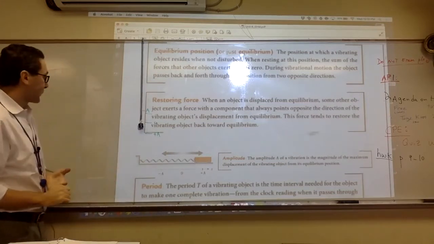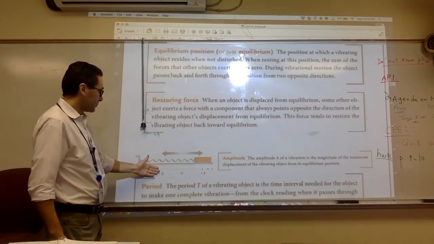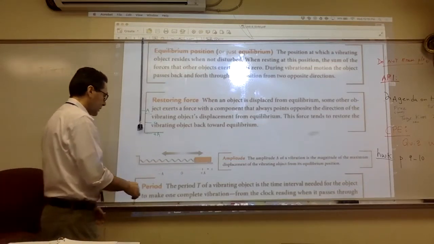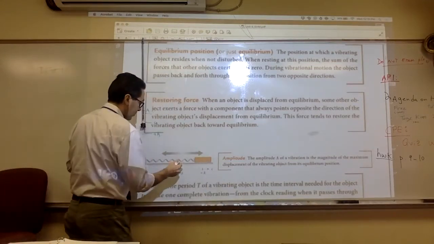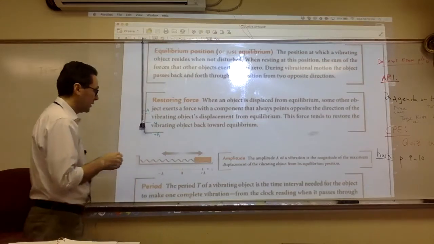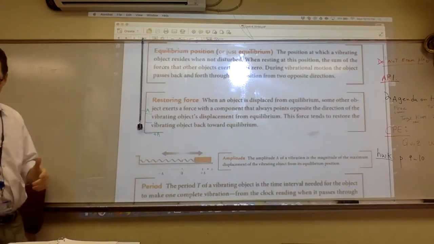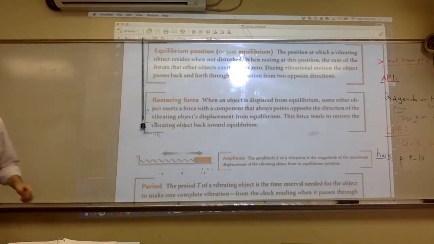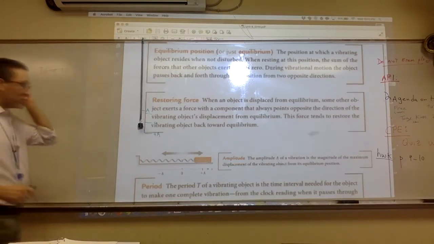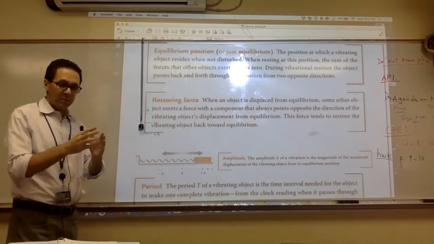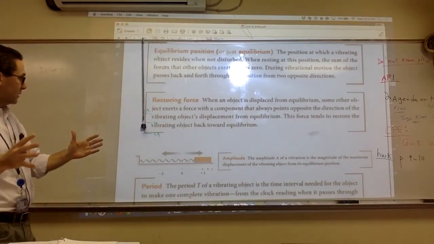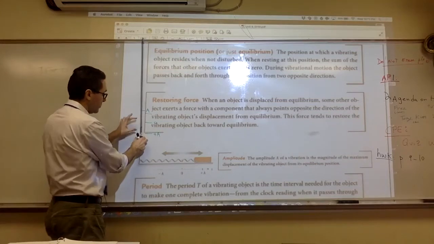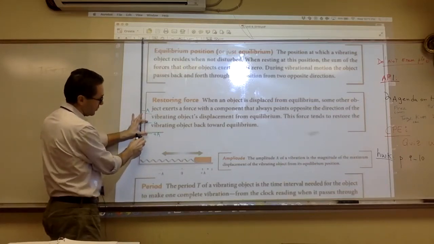Now this is a spring on a flat surface, so that can oscillate around this equilibrium position. Okay, the amplitude, just like you learned in your trig class, is just the maximum displacement away from equilibrium. So in this case here, the maximum displacement is that distance between my two fingers.